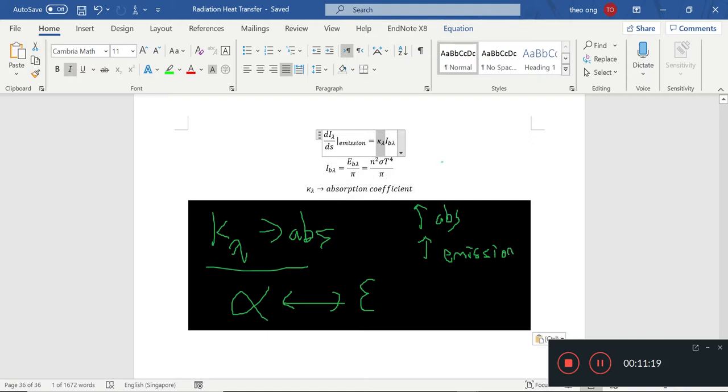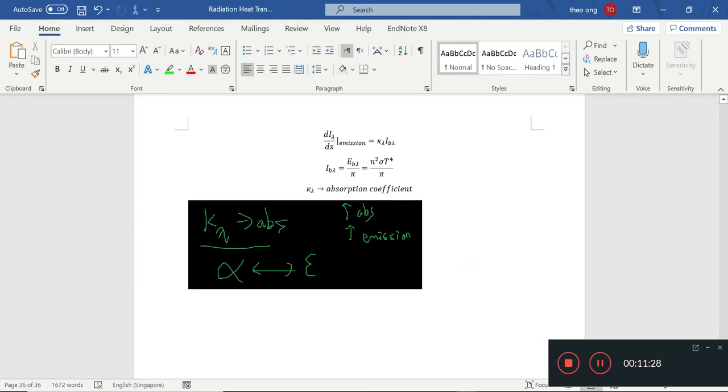So this is what this equation is saying. It does depend on the black body radiation, but as we know, participating media is not a perfect black body because it does not absorb all the radiation coming in. In fact, it lets some of the radiation transmit through the system.